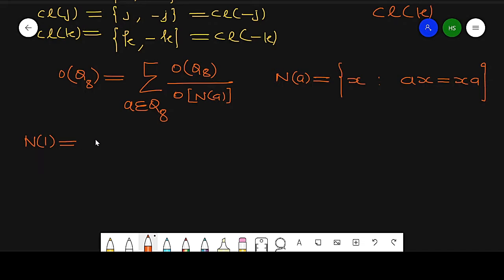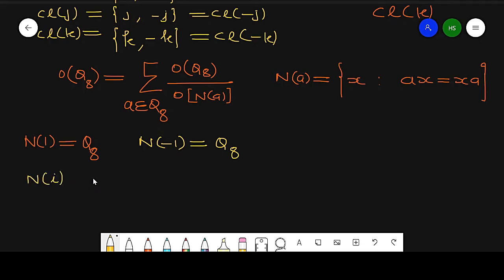All elements commute with 1, so it means this is Q8. Remember that. Next is the normalizer of -1. Again, all elements commute with -1, so this is equal to Q8 itself.